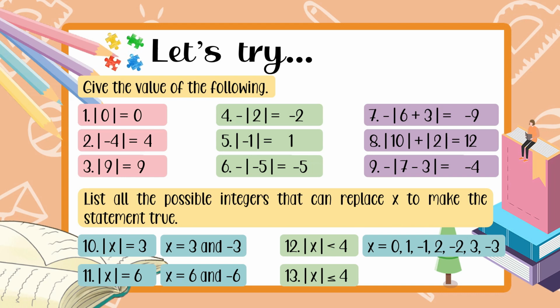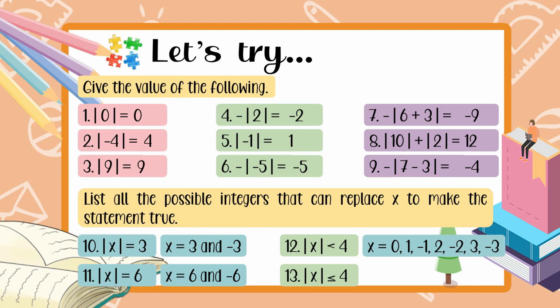How about the absolute value of x is less than or equal to 4? Okay, when we say less than or equal to, pwedeng mababa siya or same niya ng value. So, kasama na natin si 4 dyan. So, ang absolute values natin, pwedeng 4, 3, 2, 1, and 0.